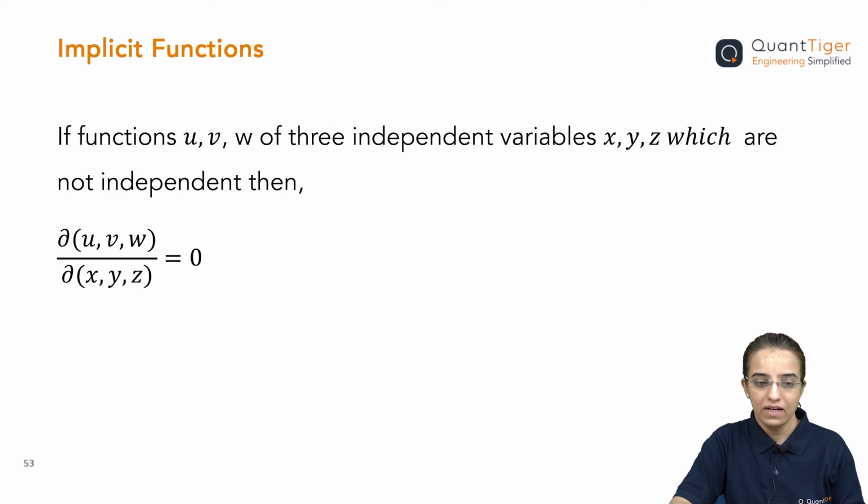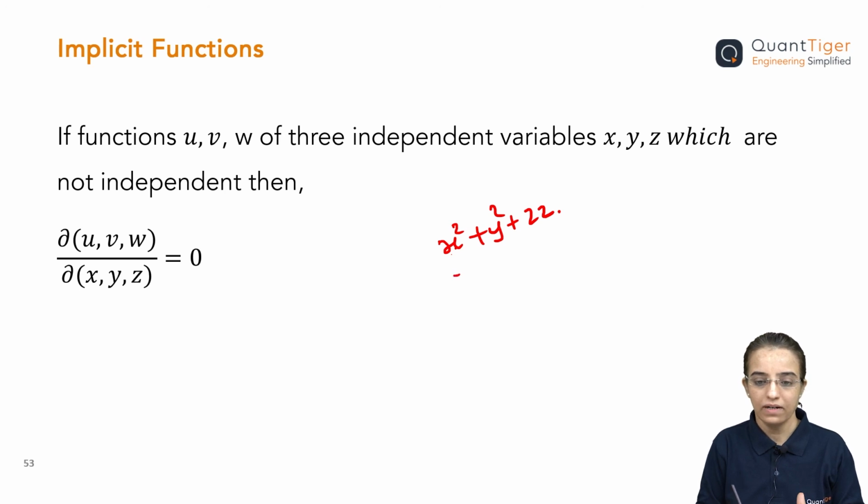Now, next is the implicit function. If you have a given function u, v, w involving three variables x, y and z, and they are not independent, that means, as we learned about implicit functions, there is some relation given between the variables, for example x square plus y square plus 2z or something like that. So these variables are related to each other.